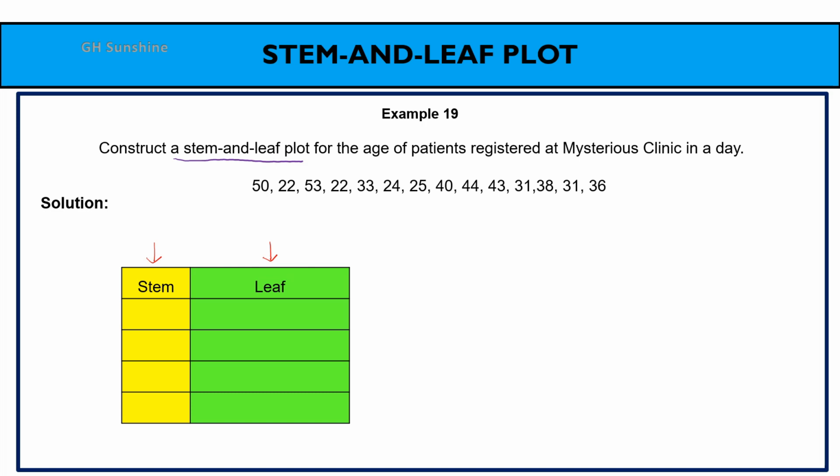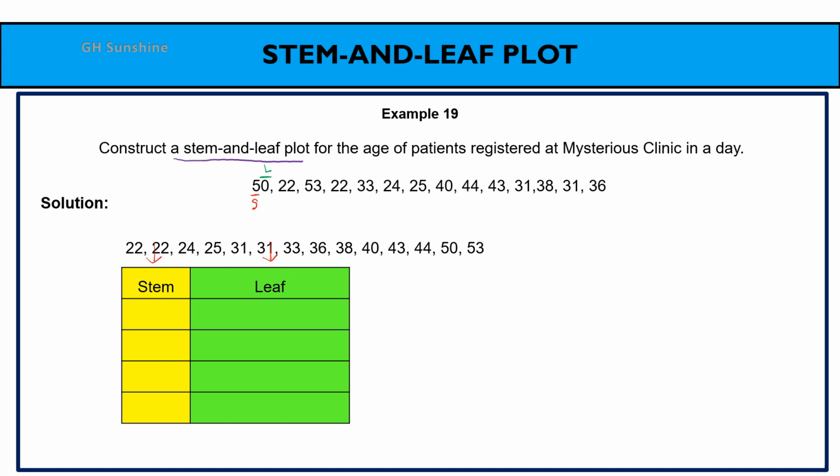So look at the data. 2 digits. So first digit becomes stem. Second digit becomes leaf. Easier if you arrange the data first, because stem and leaf from the lowest value to the highest value.